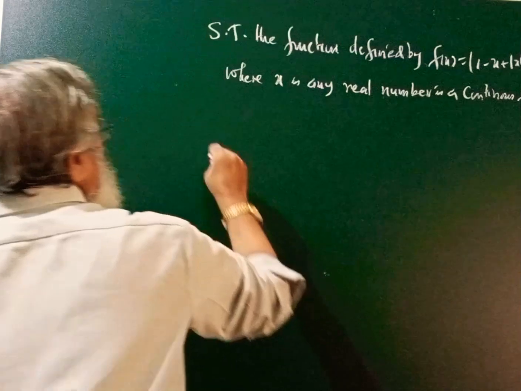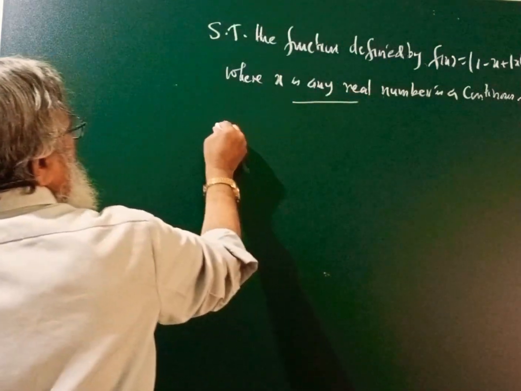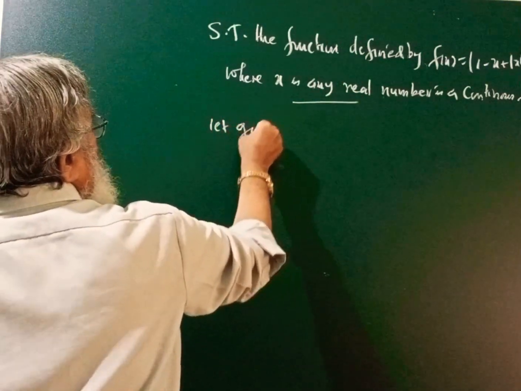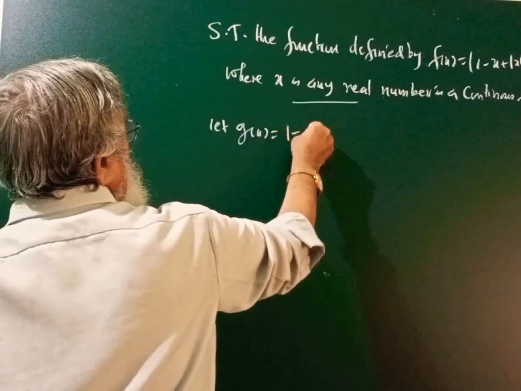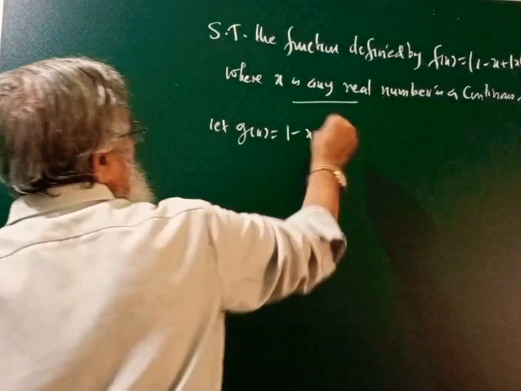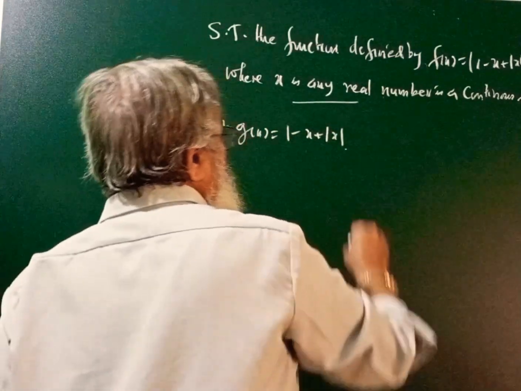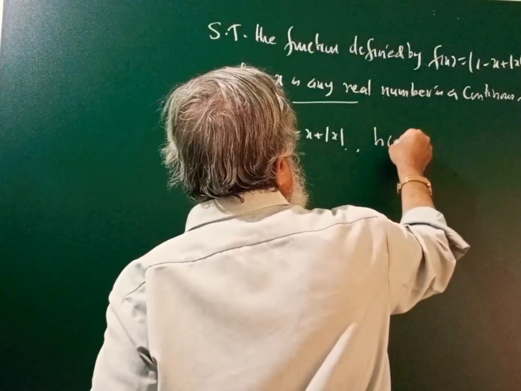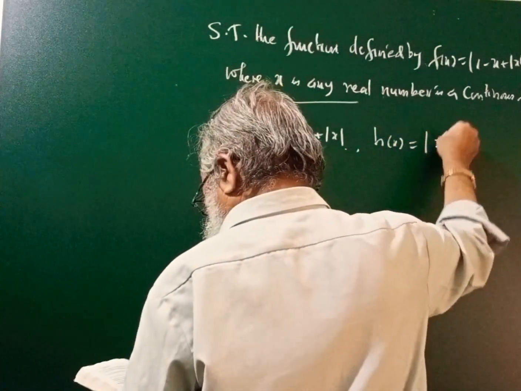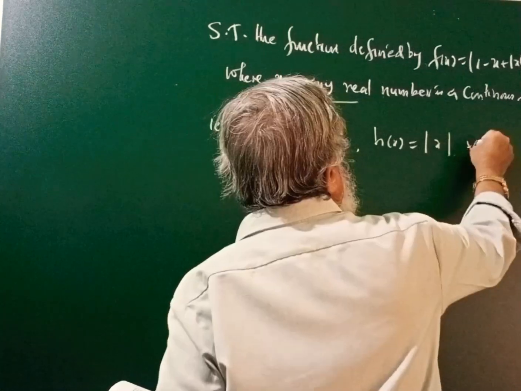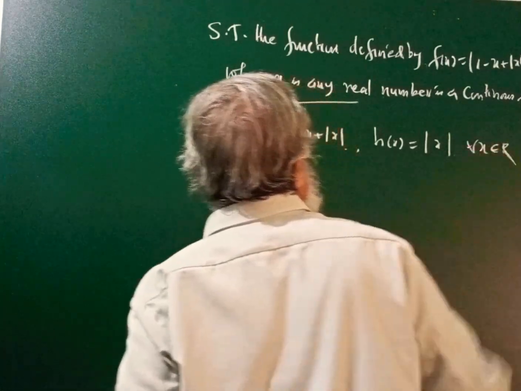Now again see, let g(x) is equal to 1 minus x plus mod x, and let us take h(x) is equal to mod x, for every x belonging to the real numbers R.